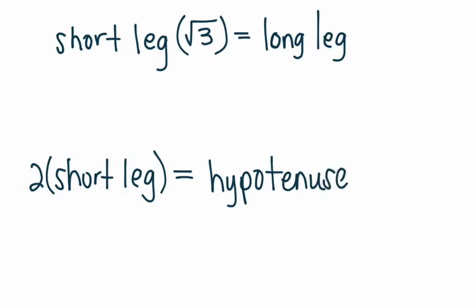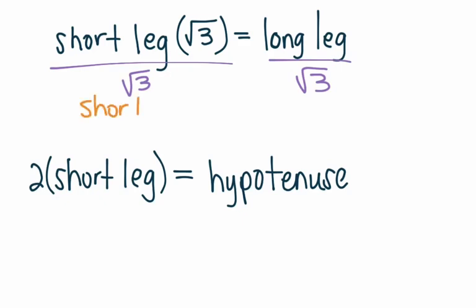Okay, and then again, you can manipulate those problems any way that you need to in order to solve for other pieces. Okay, so for example, if we wanted to solve for the short leg, all you do is divide that by the square root of 3. Okay, so then you would have the short leg is equal to the long leg divided by square root of 3.